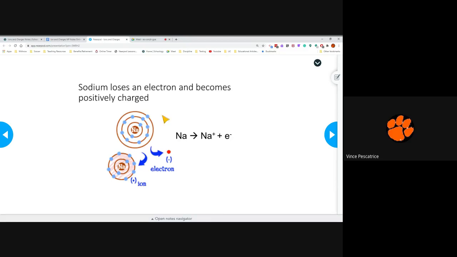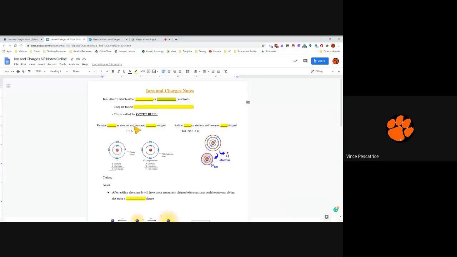If it loses that electron or gives it away, this last shell will dissolve and you'll have a full shell of 8 underneath. And that's what it's trying to do. So it's going to give away this electron pretty easily and form this stable ion below. So sodium will lose an electron to become positively charged. And that's right here in your notes too.